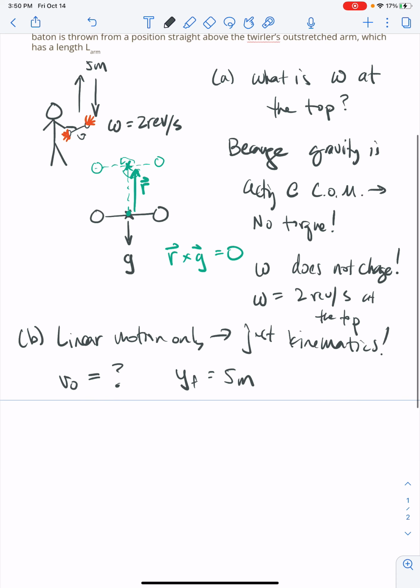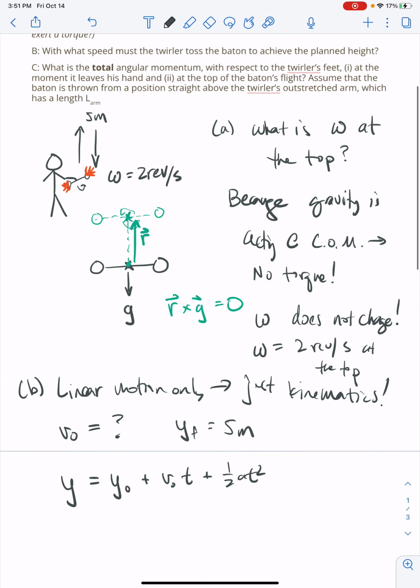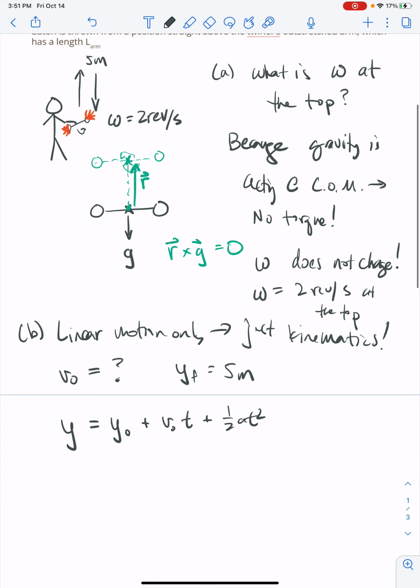Okay, so y equals y naught plus v naught t plus 1/2 a t squared. We could use this equation, but we don't have time. Like, we don't have a value for time.